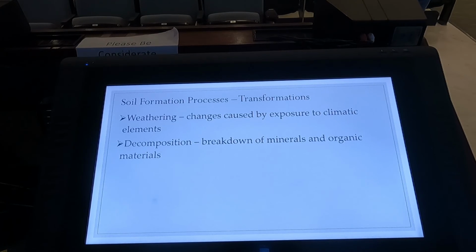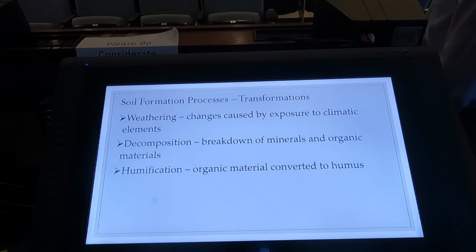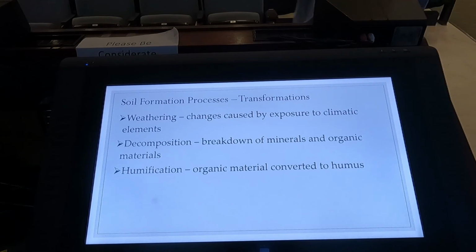Decomposition is going to be the breakdown of a mineral or some organic material like leaf litter. Humification being the continuous breakdown of that organic material into some humus. These are going to be our plant materials, sticks, trees, shrubs, bushes, possibly even animals that are decomposed completely down to where you cannot distinguish whether it was a plant or an animal.